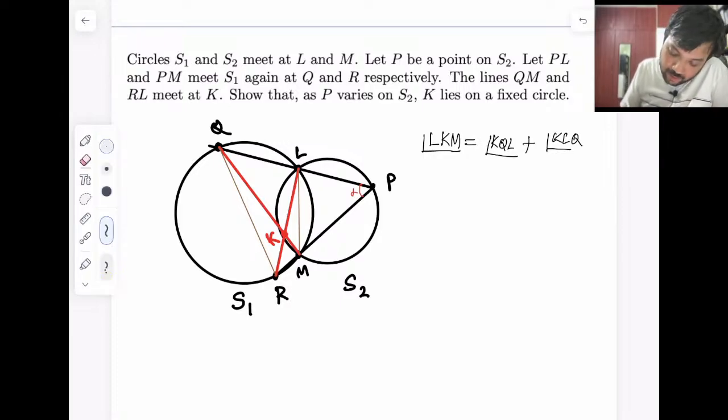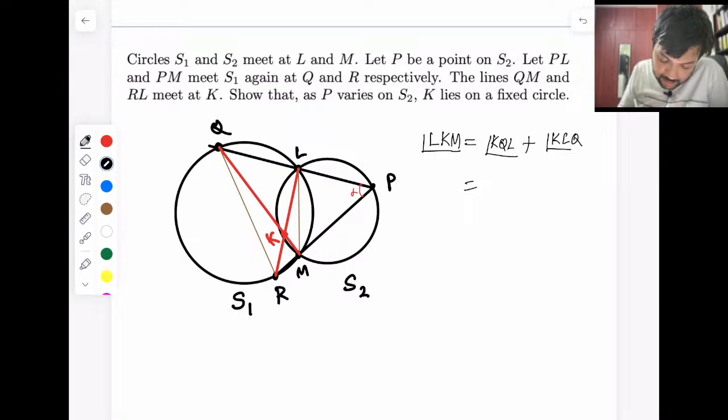Correct? KQL and KLQ, this and this. The hope is that from there I can use angles in the same segment. So I can say this is same as this. So KQL is really the same as LRP.